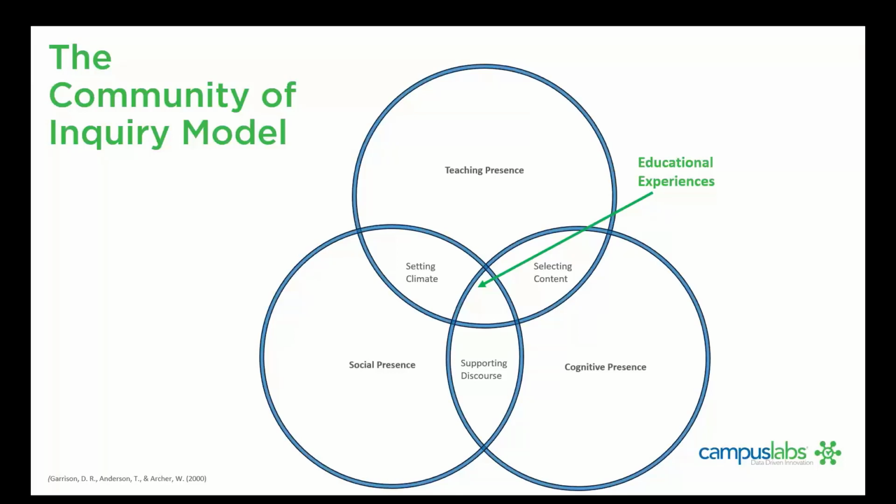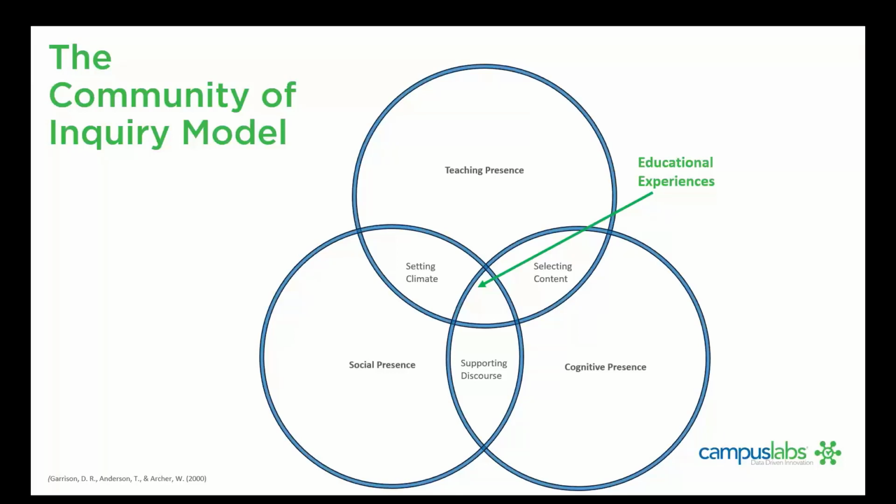We should be trying to encourage collaboration, feedback, and interaction. And of course, social presence involves open communication, expression, and working together as a group in certain instances. And then finally, we have cognitive presence.